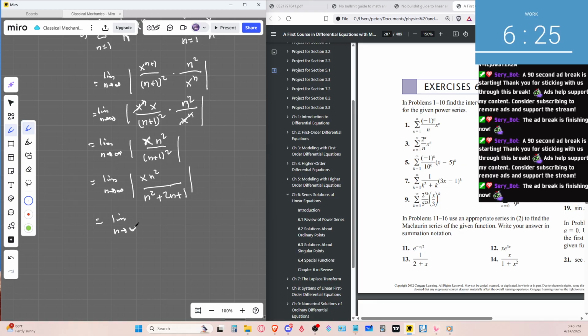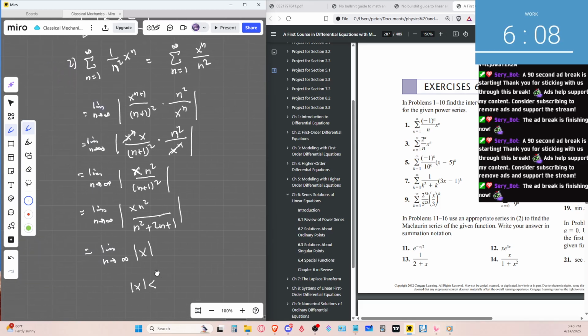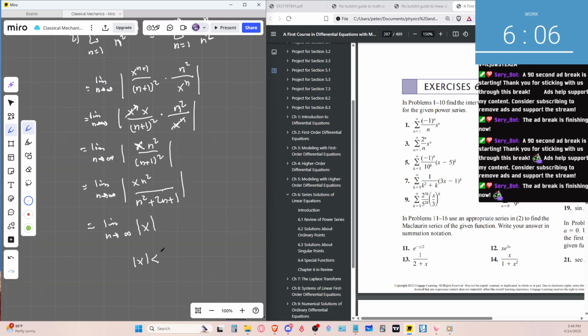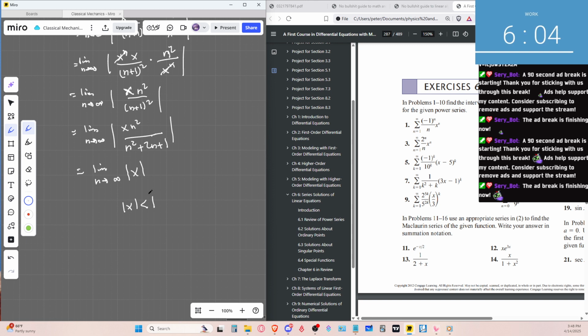The limit as n goes to infinity, because these two are the same, so we can basically just get x again. So the absolute value of x. And what does it start with? It starts with 1, right? So r is still 1.